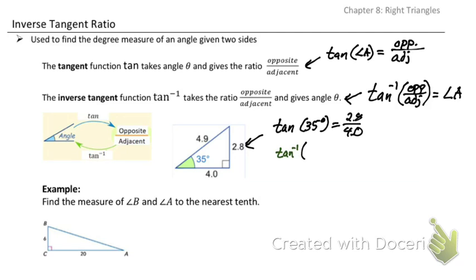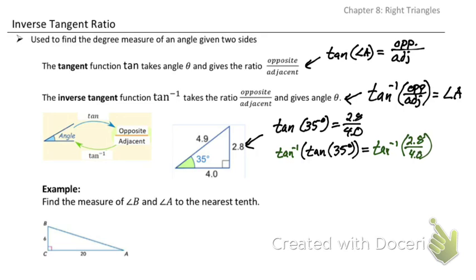So pay attention here. I'm taking the tan inverse of both sides. So that's tan inverse of tangent of 35 degrees is going to equal, what you do to one side, you have to do to the other side. So I'll do tan inverse of 2.8 divided by 4.0.